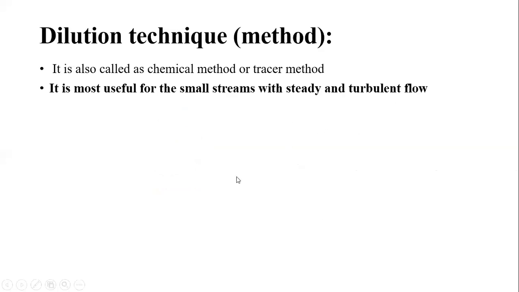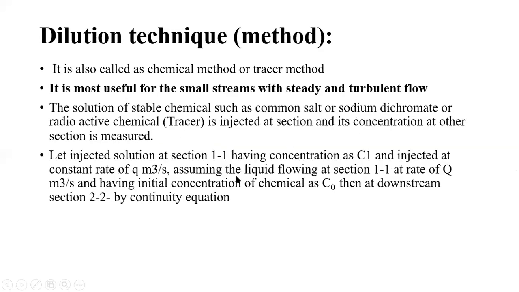At the initial point, the starting point, we have Q into C0 plus q into C1, that is at section 1. Then at section 2 we are considering that there is dilution of the concentration C1, or enrichment of the concentration C0, and the concentration at section 2 is C2, which we are going to measure.